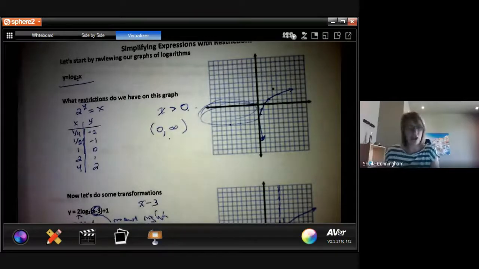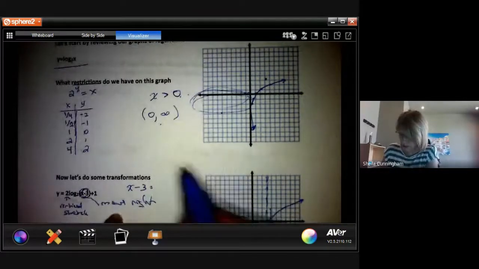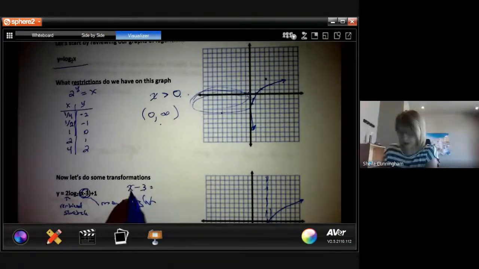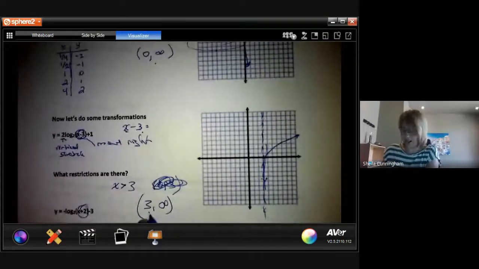If I put a 3 in here, I would get a 0. So I have to make sure that I put values that are larger than 3 in here so that this doesn't zero out, right?